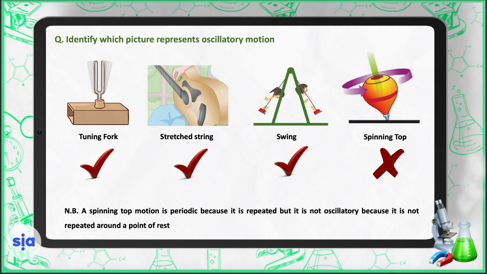Why? Because a spinning top's motion is periodic because it is repeated, but it's not oscillatory because it's not repeated around a point of rest. If you watch these types of motion, you will find them repeated on or around a point of rest, but the spinning top is not.